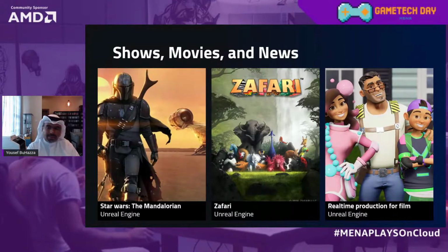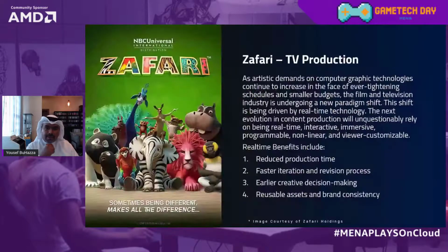Other companies are utilizing video game production techniques to introduce new TV shows. The one on the right is from a show on Nickelodeon called Meet the Voxels. Safari is an interesting case with faster iterations in their revision process and earlier decision-making support.